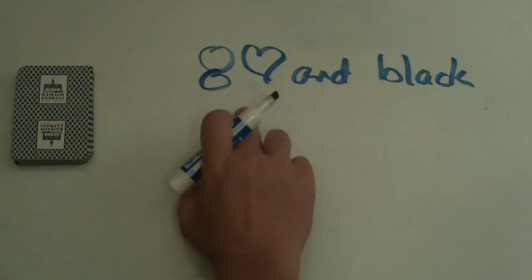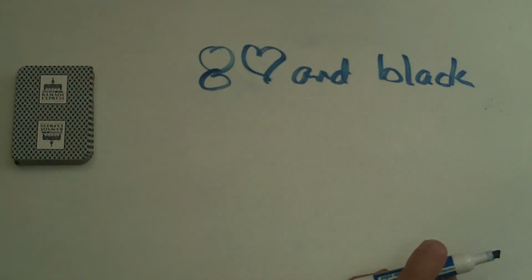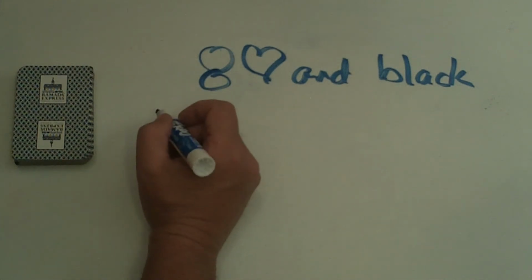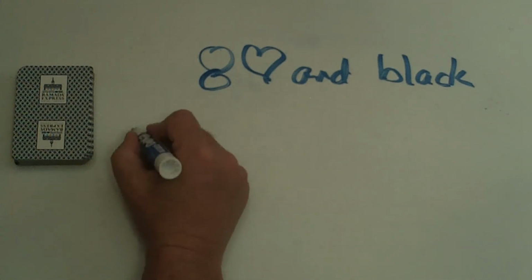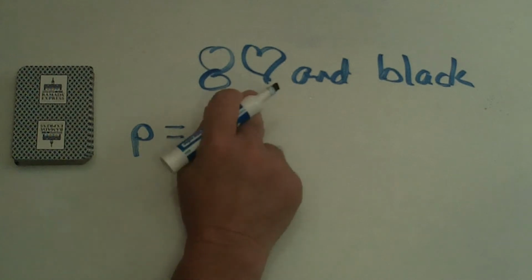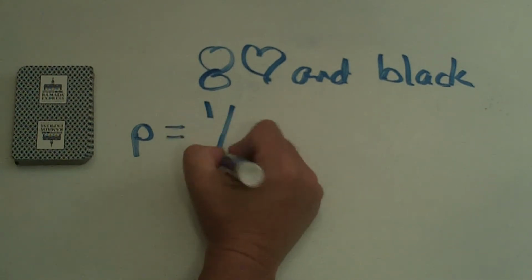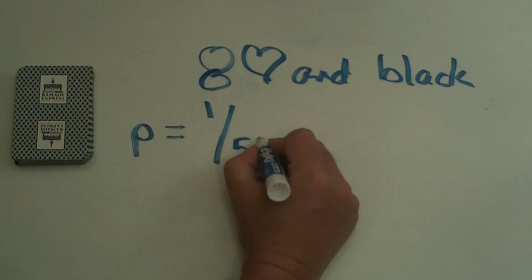Alright, so now I've got to actually derive a mathematical equation and bring these probabilities together. So the probability of drawing an 8 of hearts, there is only one 8 of hearts in the deck out of 52.